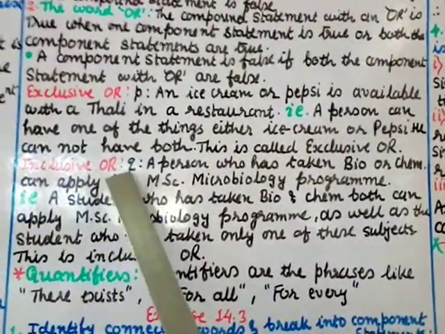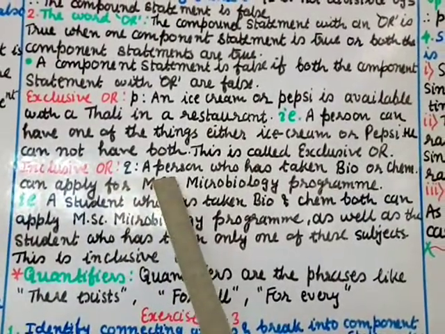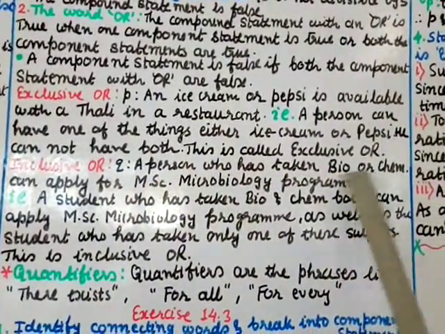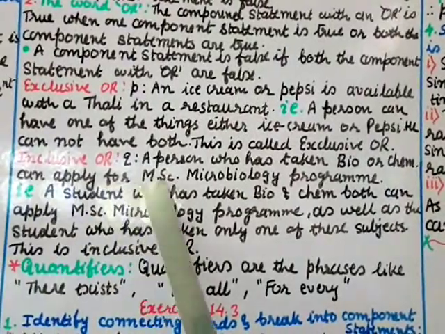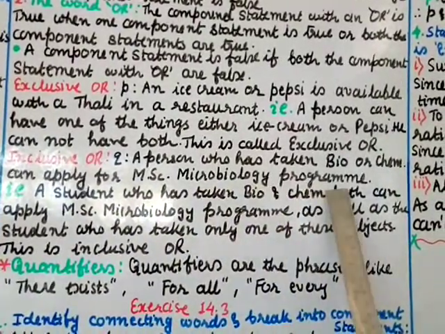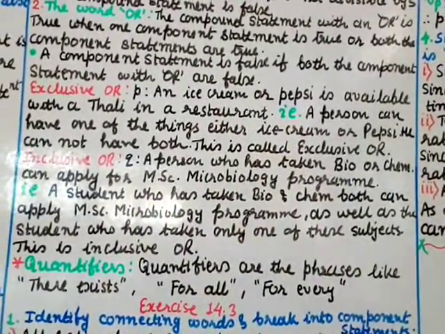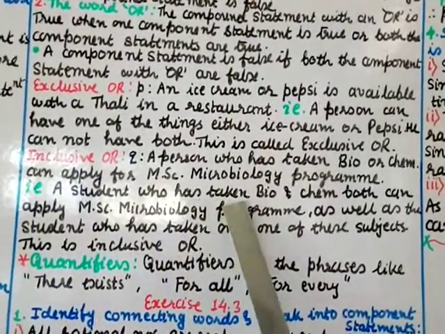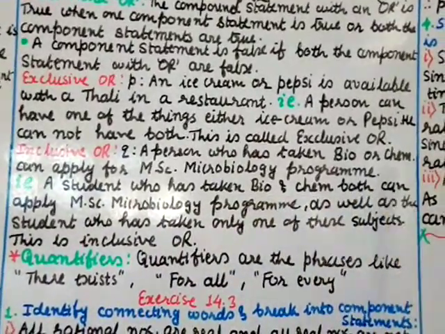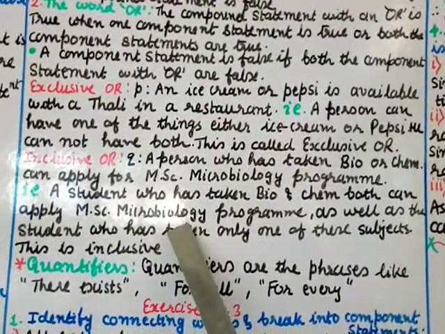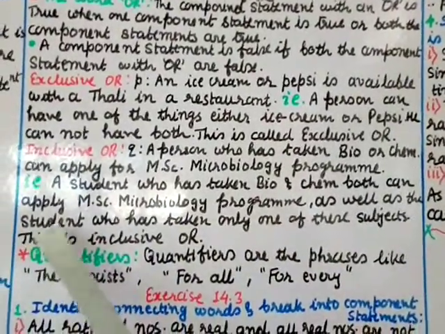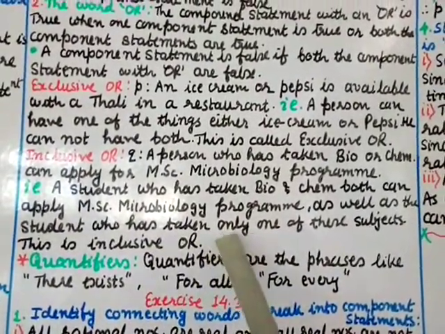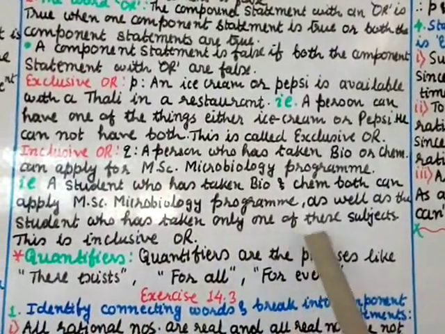Inclusive or. Take a statement Q: a student who has taken bio or chemistry can apply for the MSc microbiology program. Now what does this statement mean? A student who has taken both bio and chemistry can apply for the MSc microbiology program, as well as a student who has taken only one of these subjects.